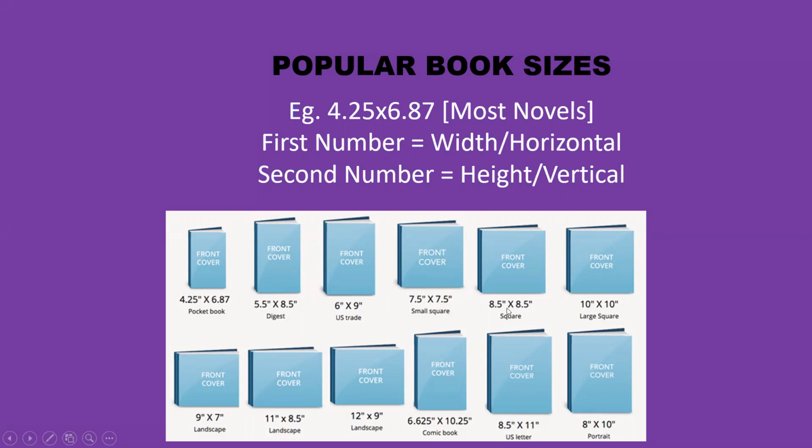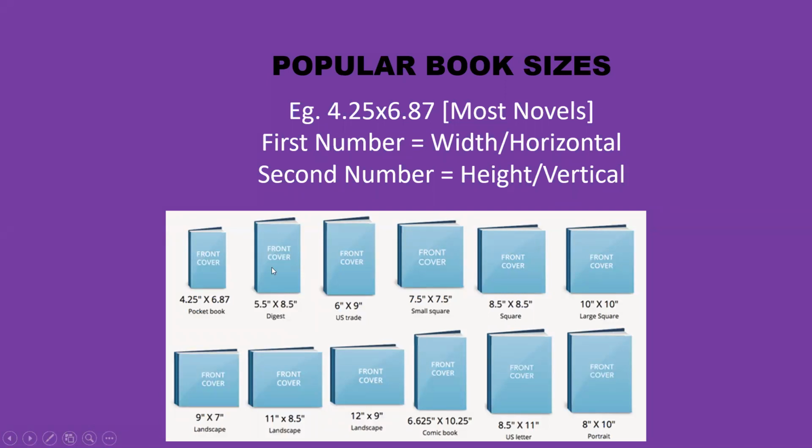This is square. 8.5 by 8.5 is often the size of many children's books. Square size could also be for a workbook. These are larger sizes. It depends if it is a magazine. You have to know what you're choosing. So these are the different sizes.